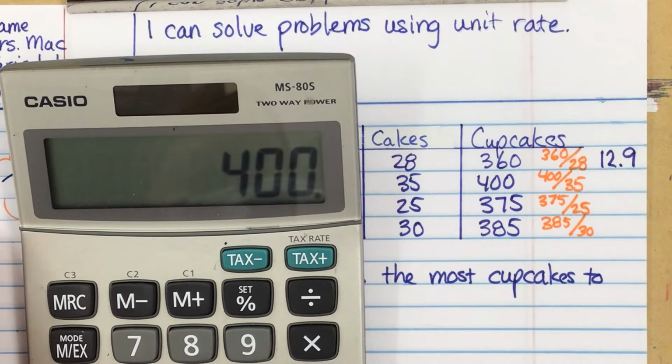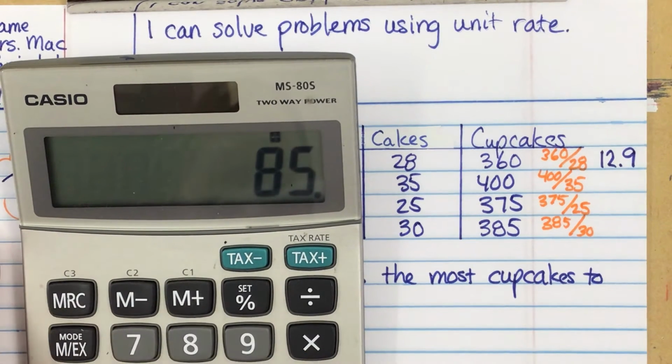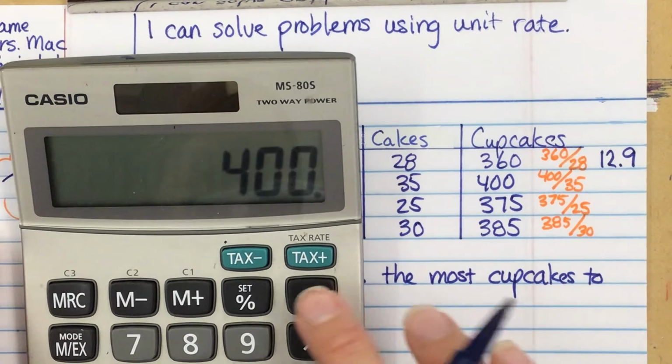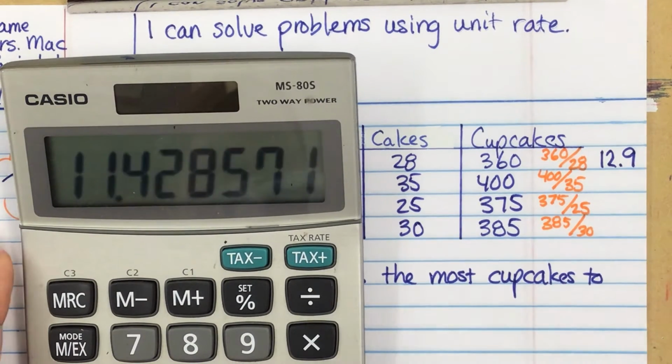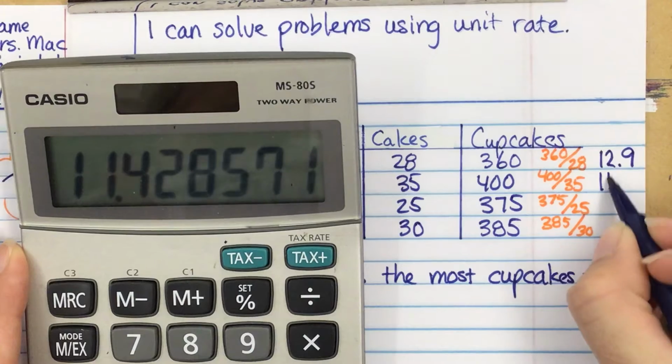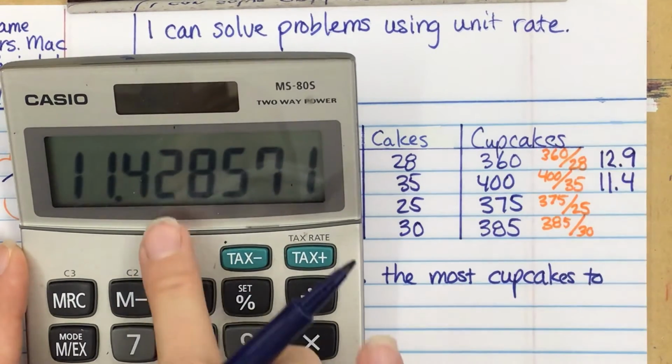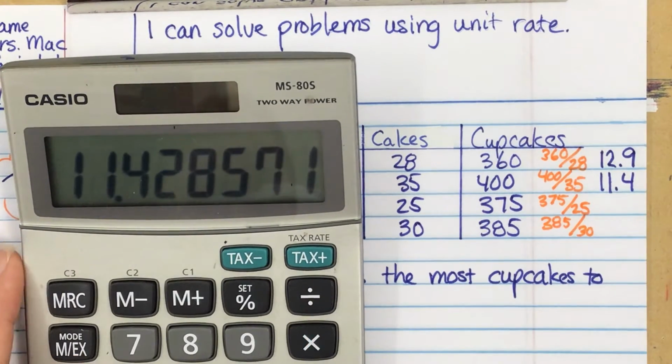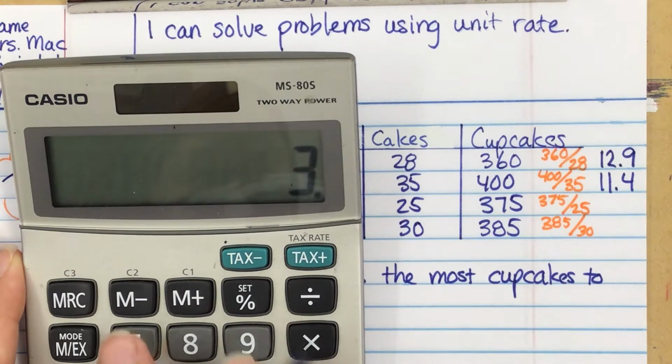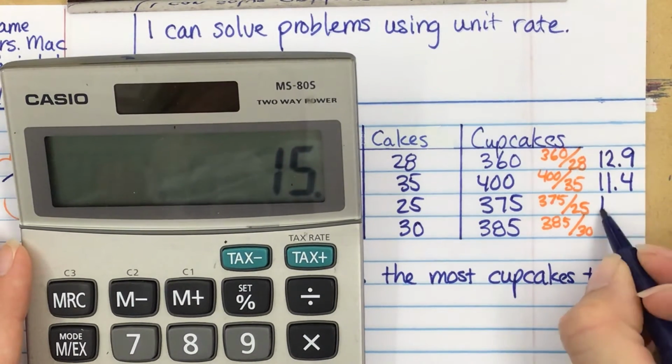Then 400 divided by 85, or sorry, it's 35, it looks like an 85. 400 divided by 35 is 11.4. Because this is a 2, we keep the 4 the same. 375 divided by 25 is 15.